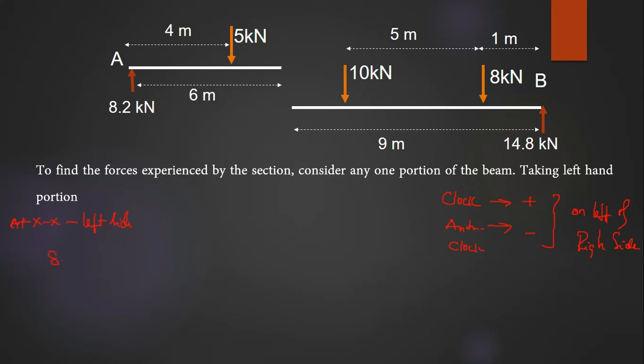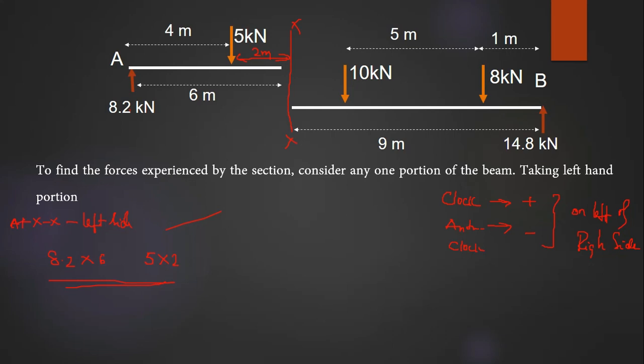So we have two forces here, 8.2, multiplied by the distance to section XX. Here is the section, isn't it? This is the section XX, which is at a distance of 6 meter from here, and this is the 4, and this will be something like 2 meter. And the other moment is because of 5 kilonewton, 5 into 2. So this is the moment at section XX when you consider the left hand side.